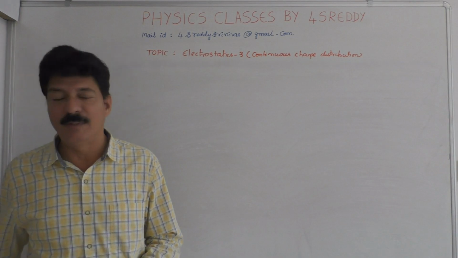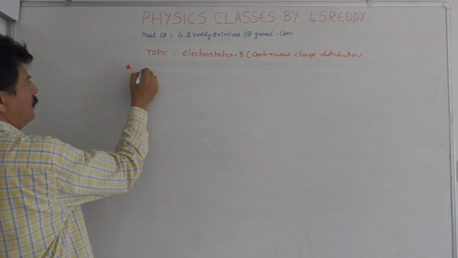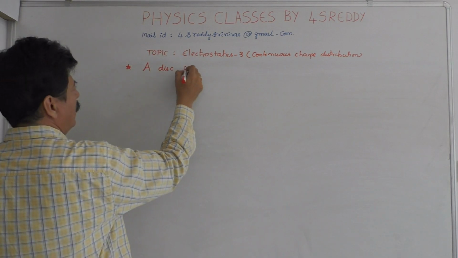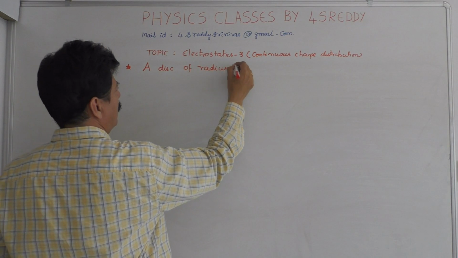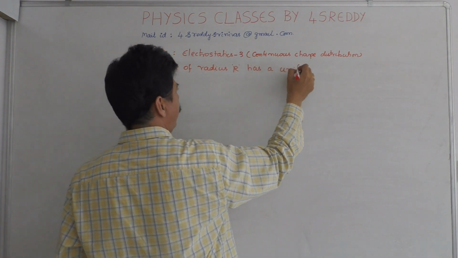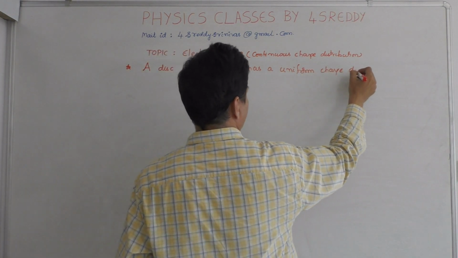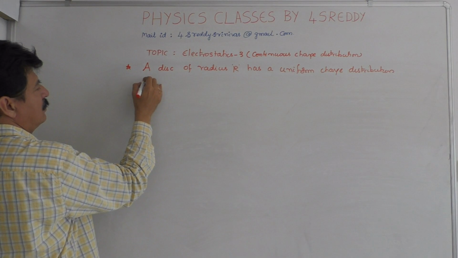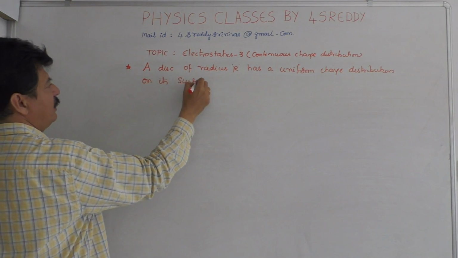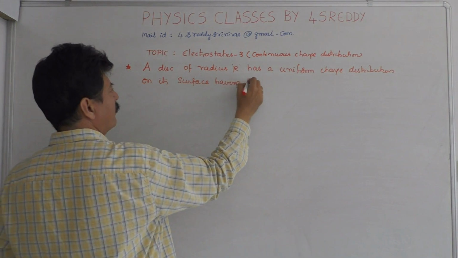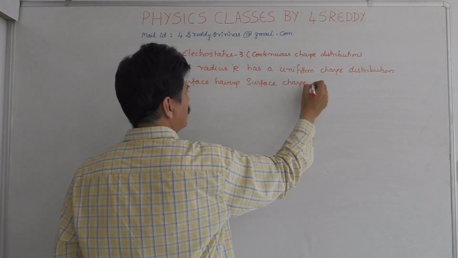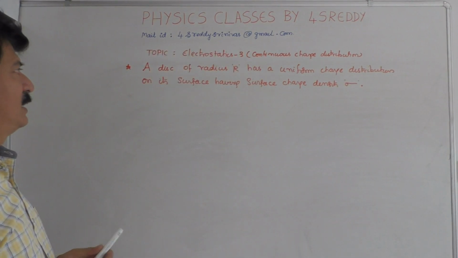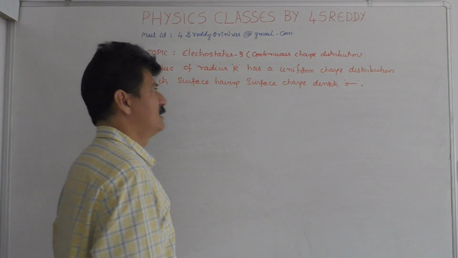the second one is, you may be given that a disk of radius capital R has a uniform charge distribution on its surface, having surface charge density sigma.